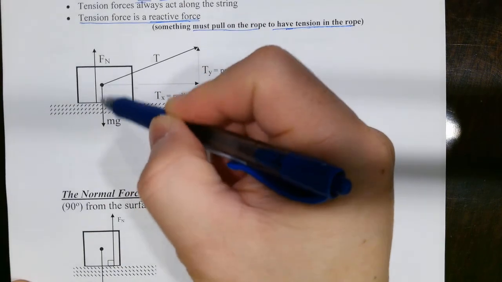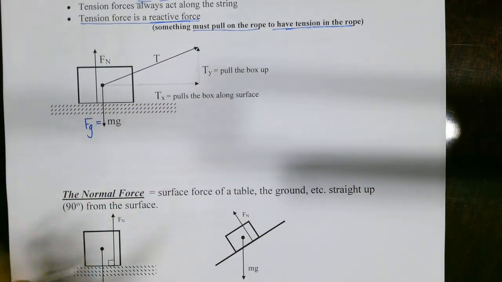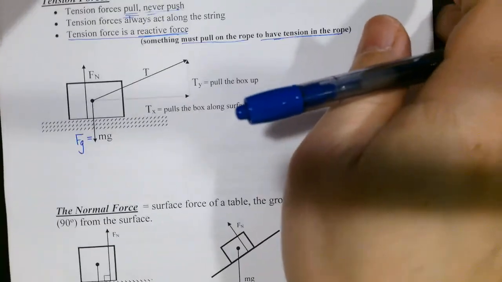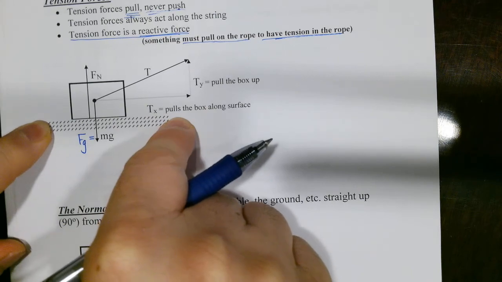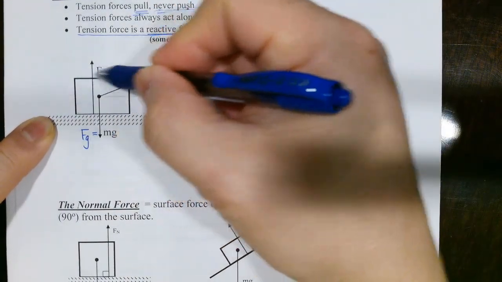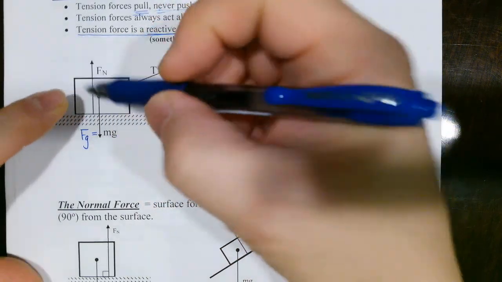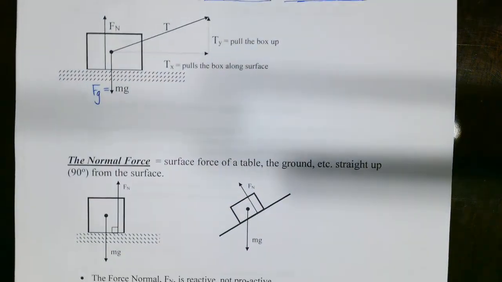Here is Fg, which is gravitational force. Now, the table or the surface of the table has to support this object's weight. This support force is called a normal force.